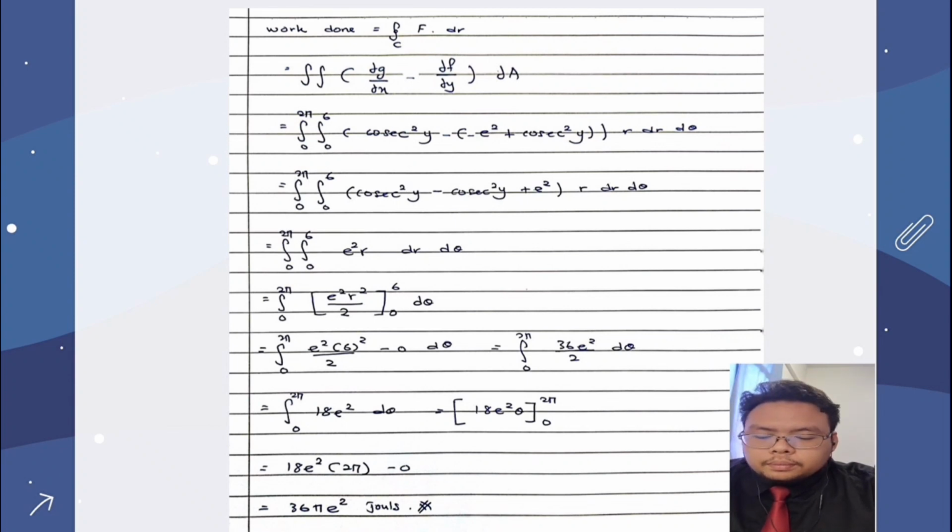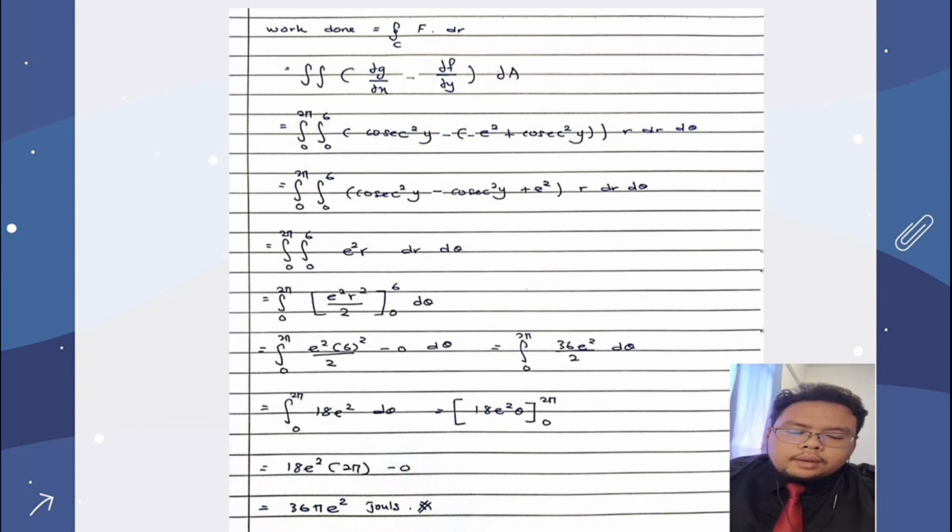From the expression cosec squared y minus cosec squared y plus 2y, we can cancel out cosec squared y and negative cosec squared y, because one is positive and another is negative. That leaves us with the double integration of 2y r dr d theta.